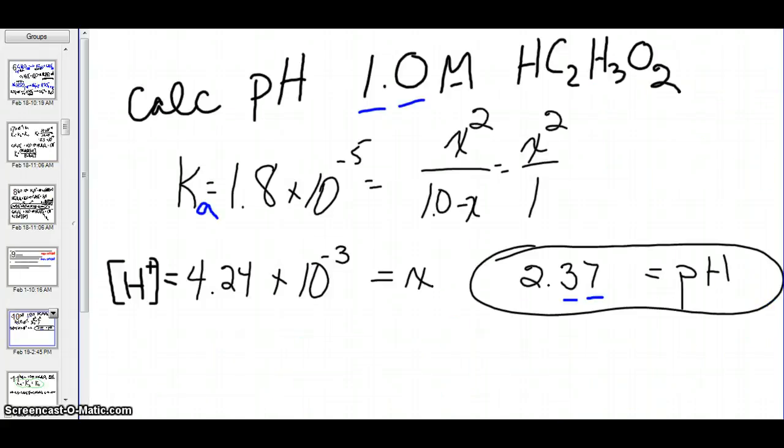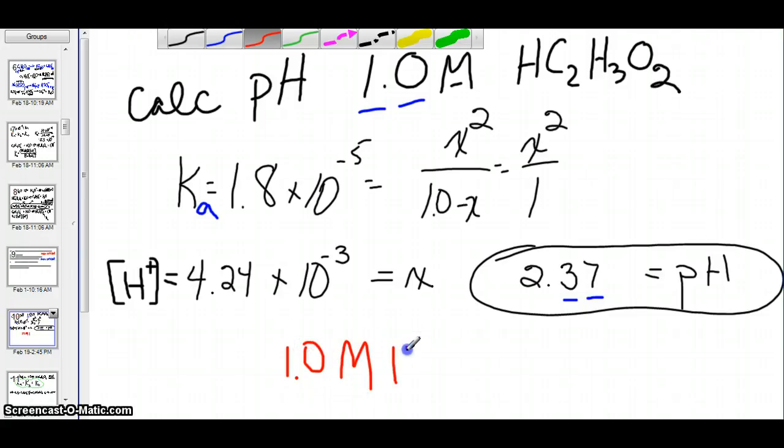Okay, so how did you do on the first one? The pH of the 1.0 molar acetic acid. We did this in class, a similar solution to that, 2.37 pH. Yes, it's less acidic than 1.0 molar HCl, right? 1.0 molar HCl, because HCl is a strong acid, will have a pH equal to what?